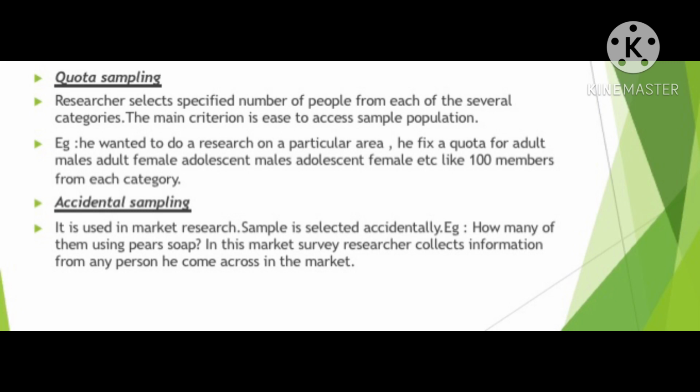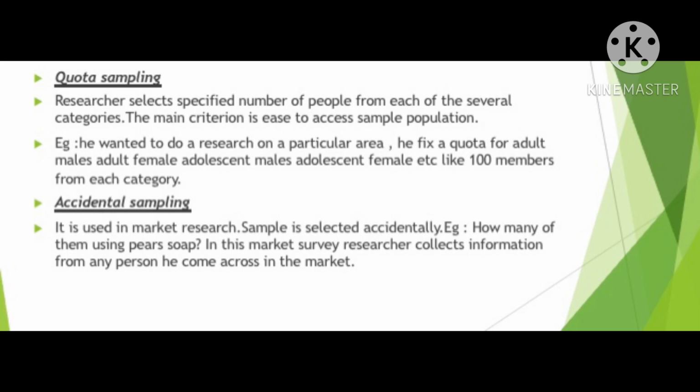For example, male, female. From the female we have to select maybe 50, and from male another 50 subjects. But here we are not doing it randomly, as in stratified random sampling. Here from each stratum, based on our convenience, we are selecting. That's all. That is called quota sampling.